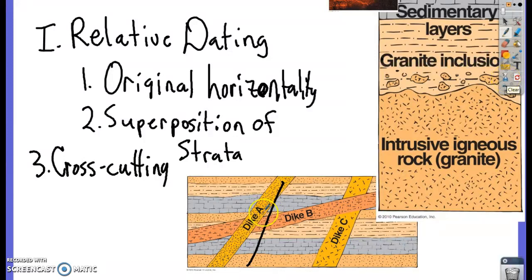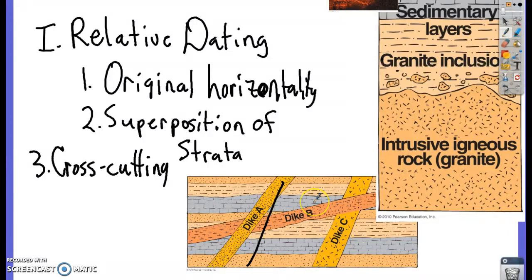Also, if anything cuts through it, like a dike, which is when igneous rock comes up through a crack, and it cuts through these layers, we know that the dike had to have happened after these layers were set down. Actually we have 3 different dikes where magma underneath the ground has come up. We can say that C is the oldest of those.